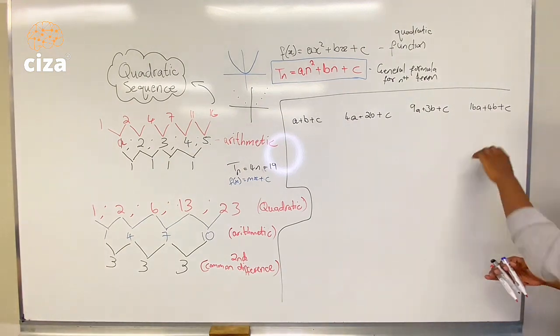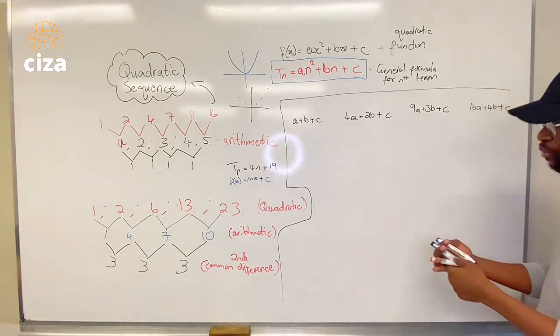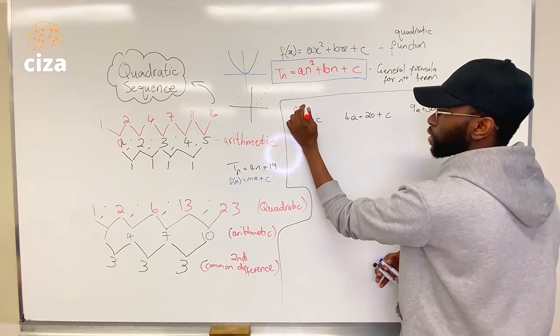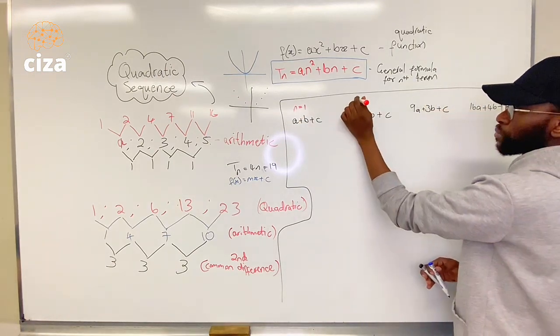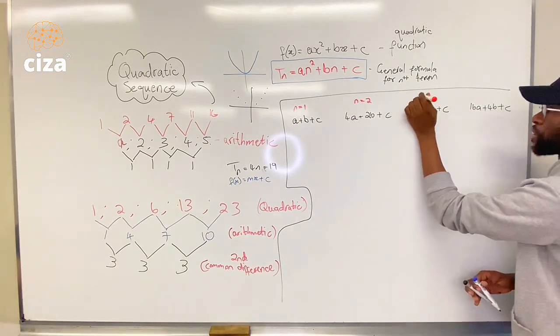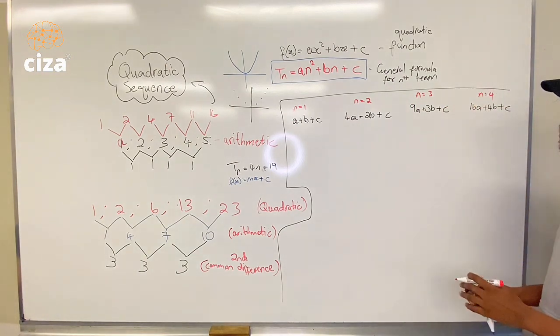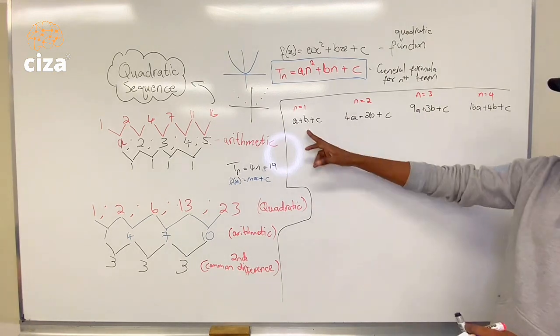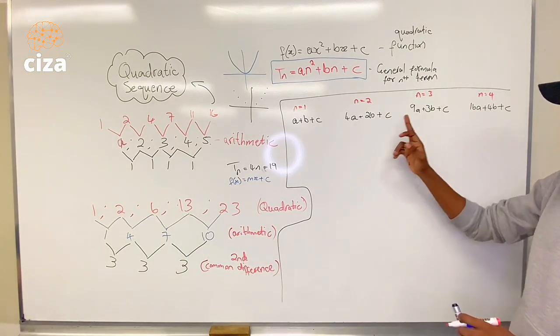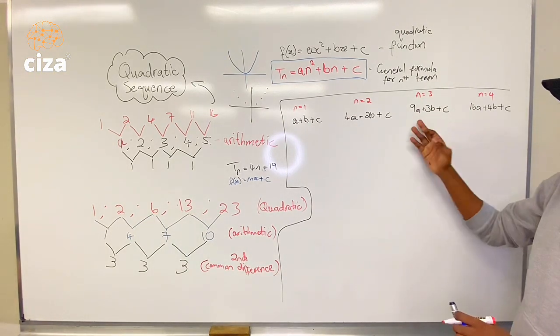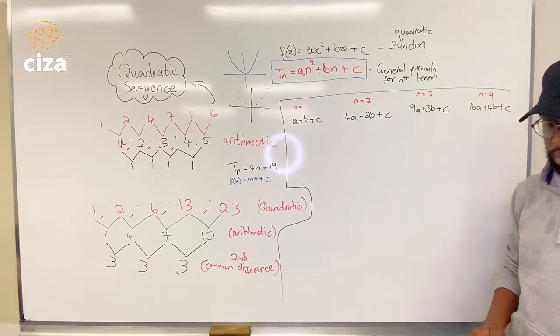These are the formulas for the terms in a quadratic sequence: our first term, second term, third term, and fourth term.